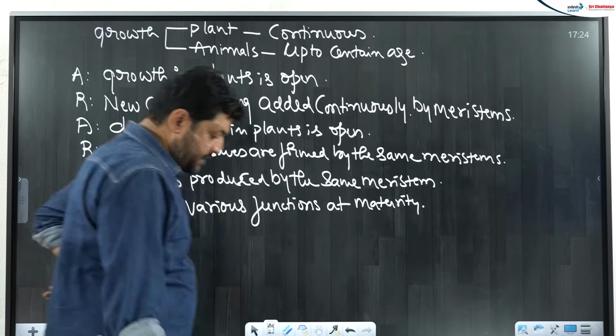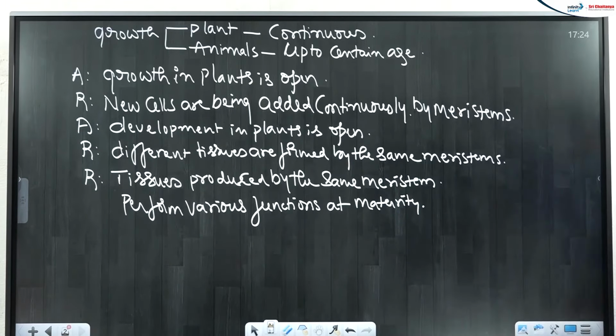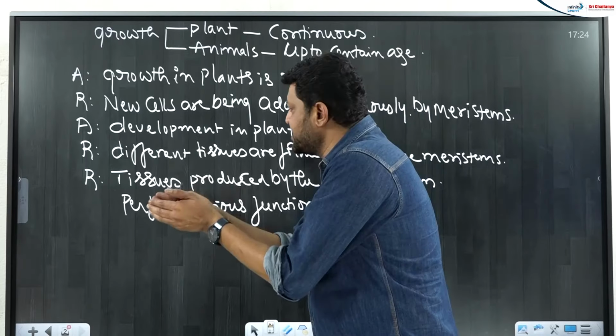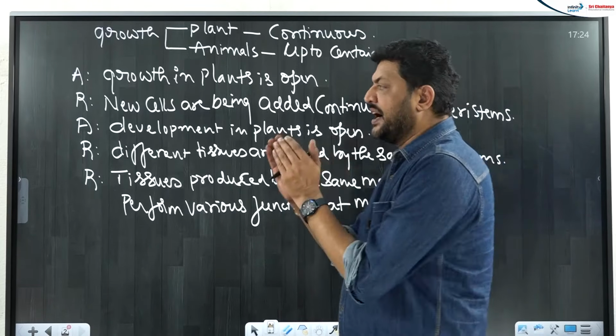This is also correct. It means that if a meristem cell divides, that one cell does not remain as that cell. It gets differentiated so as to perform a specific function.